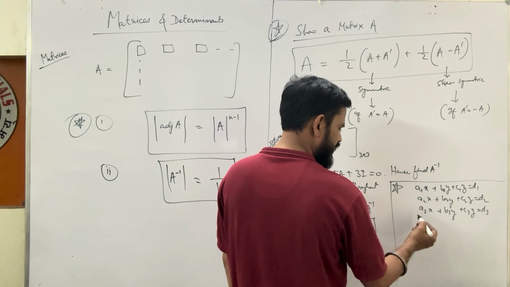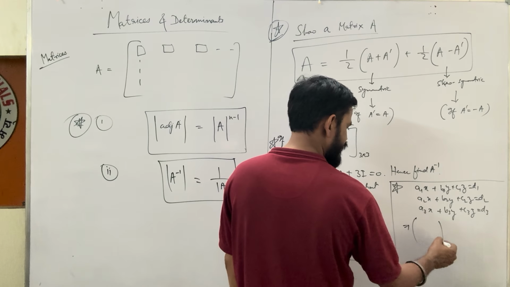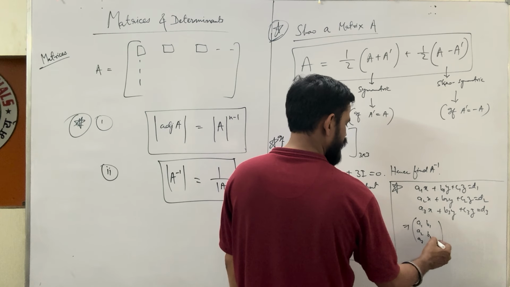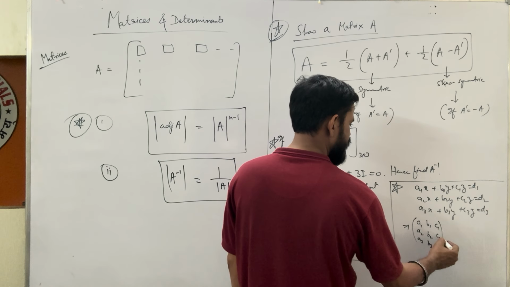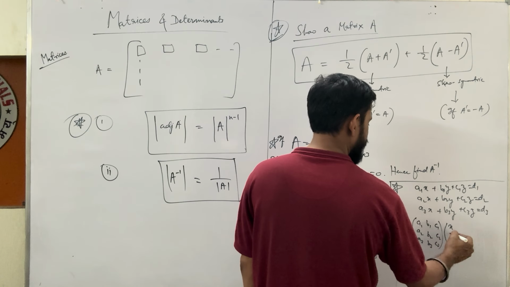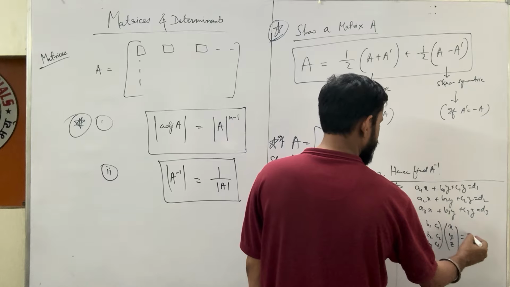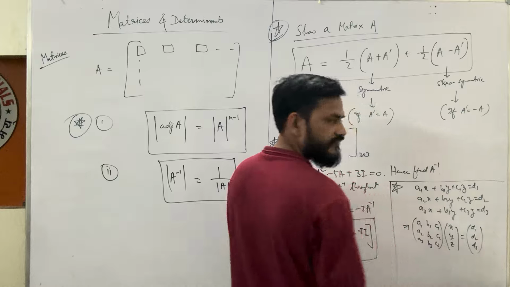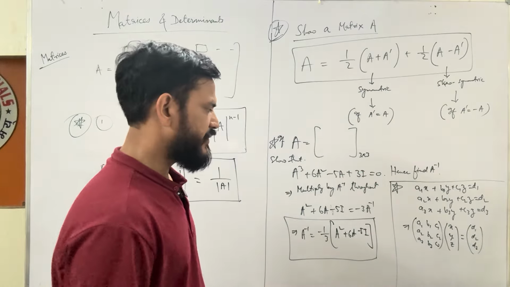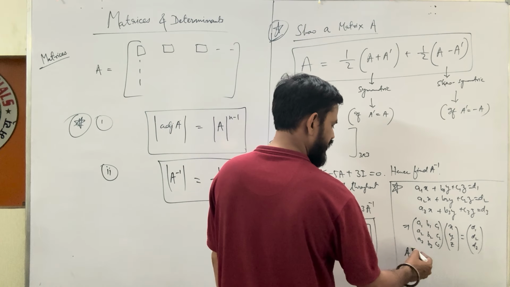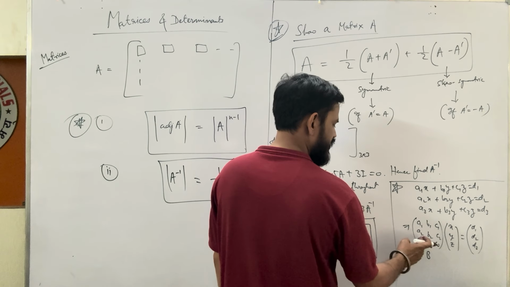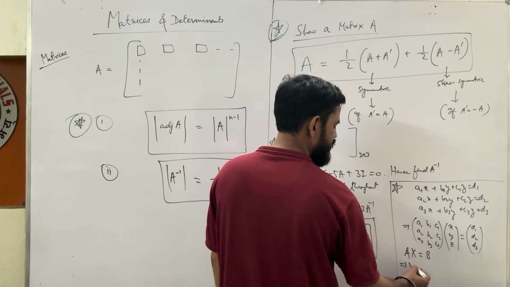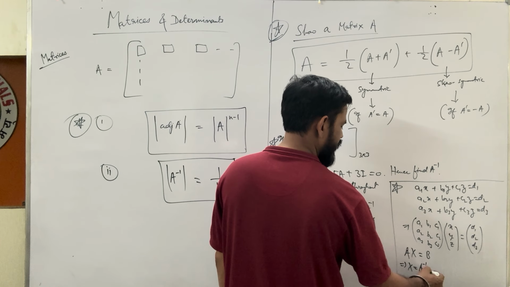Then your solution, you can express it in form of matrix a1, a2, a3, b1, b2, b3, c1, c2, c3, and here x, y, z, and on the right hand side you'll be having d1, d2, d3. This matrix can be written as AX equal to B. So this matrix is A, that matrix is X, and that is B. So your X will be A inverse B.